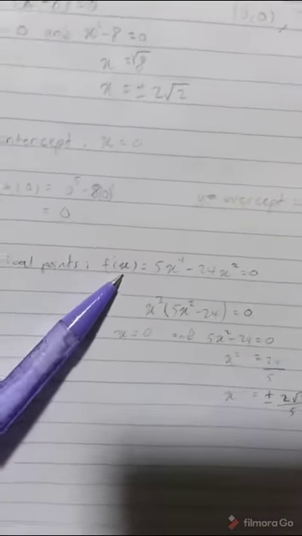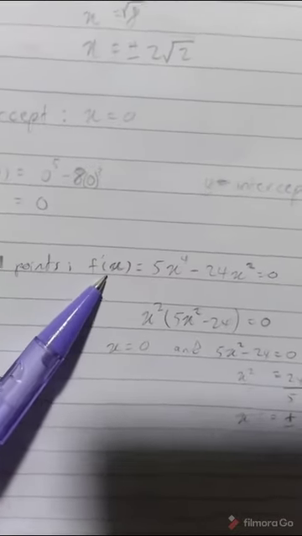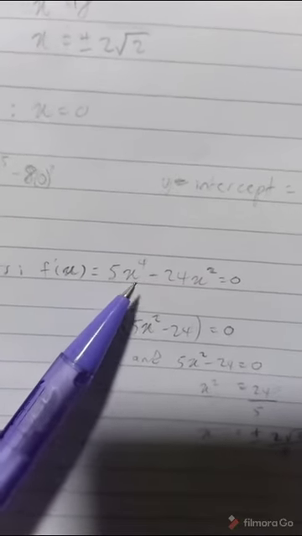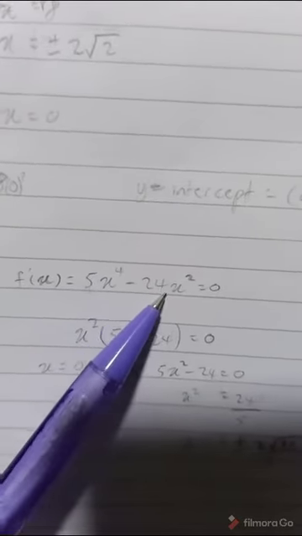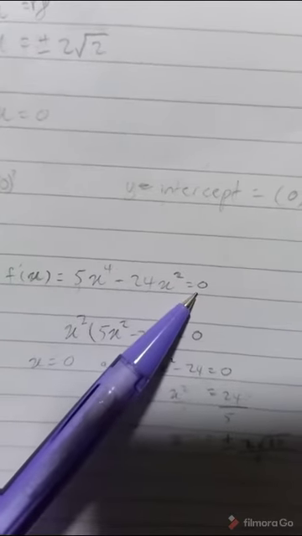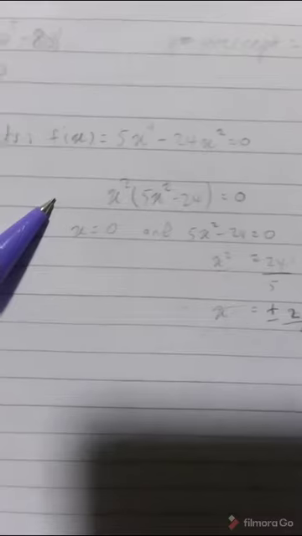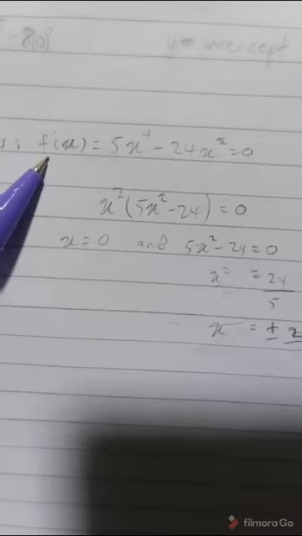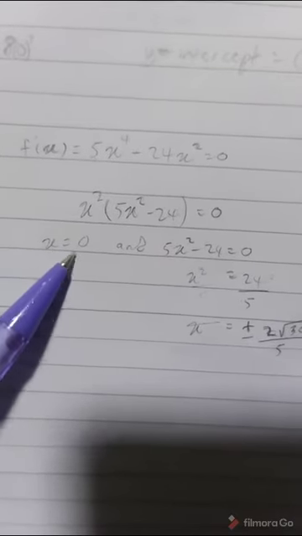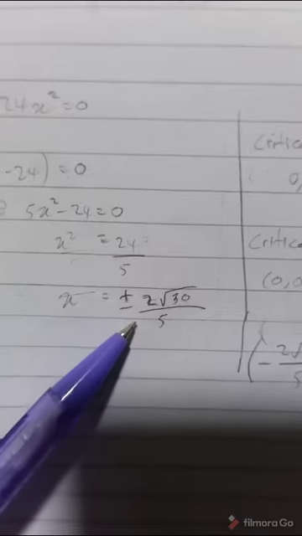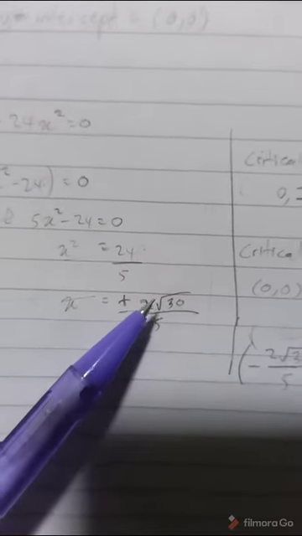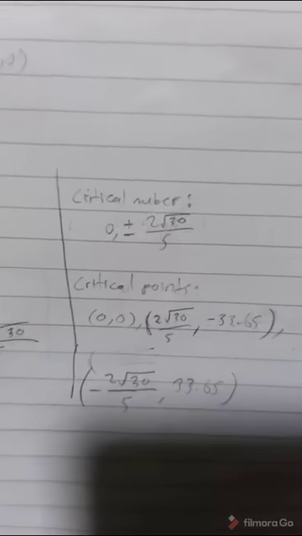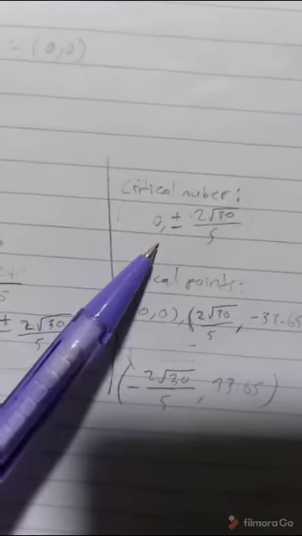Okay, now we find the critical points. For the critical points, we must use the first derivative of the function. So the first derivative of the function is 5x to the power of 4 minus 24x to the power of 2, equal to 0. Now we find the value of x, and we find x equals 0 and x equals plus or minus 2 square root of 30 over 5, and these are the critical numbers.